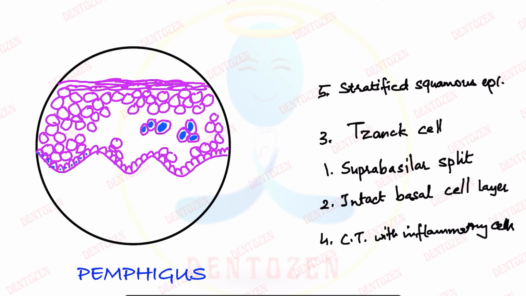The basal cell layer will look normal. And the connective tissue beneath this epithelium will show inflammatory cells. And you can fill the background with the eosin.